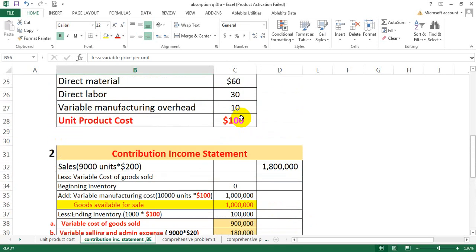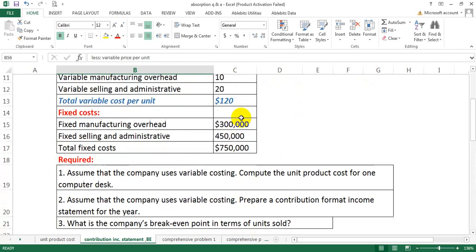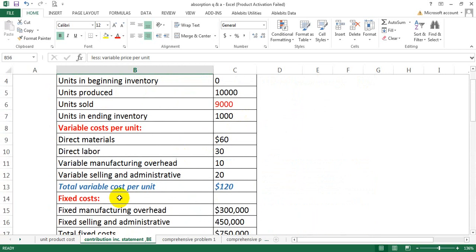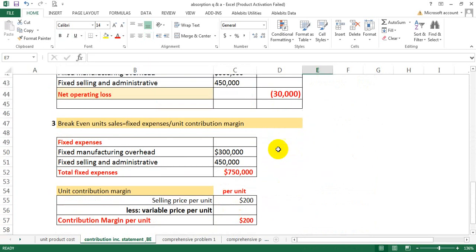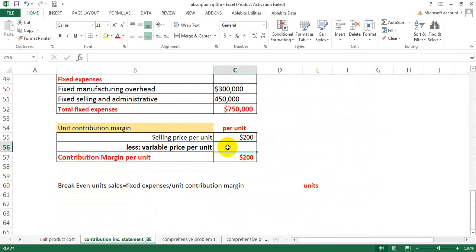How will I calculate my variable cost per unit? Total variable cost per unit is $120, right? So I will take this $120 here. So my contribution margin per unit is 80, right? Clear? Okay.